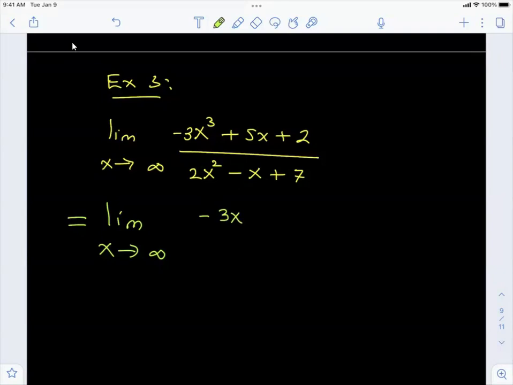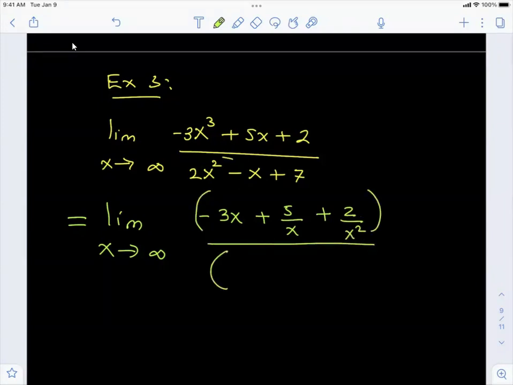That cannot cancel x terms at the top completely. So that would be negative 3x plus 5x divided by x squared, that would be 5 over x, plus 2 divided by x squared, that would be 2 over x squared. There is no further simplification that we can have in that.